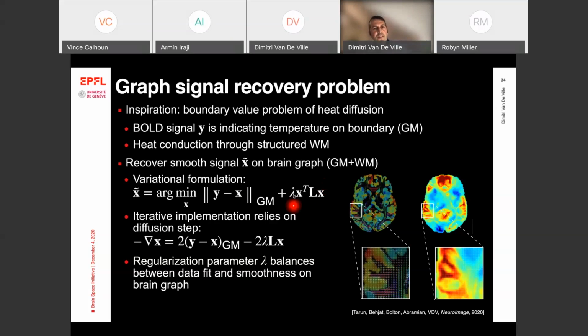Solving this can be most easily done using an iterative implementation given the size of the graph, where we basically do an update step together with the diffusion step to ultimately get to our inpainted brain volume. And of course, the regularization parameter needs to balance between the data fit and the smoothness and can be optimized by established methods.